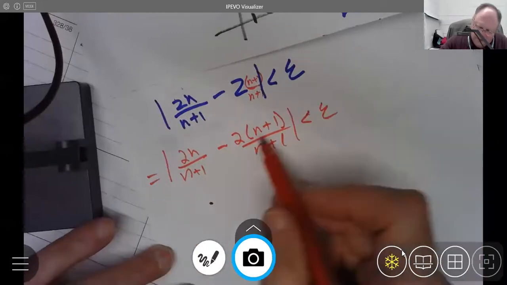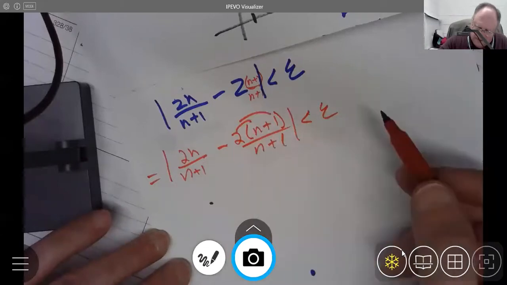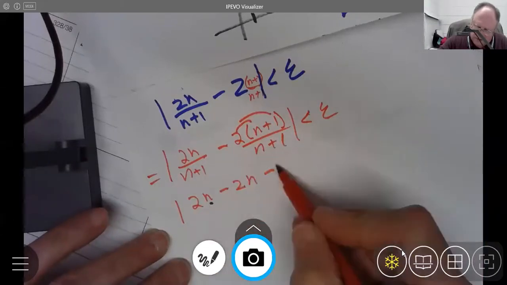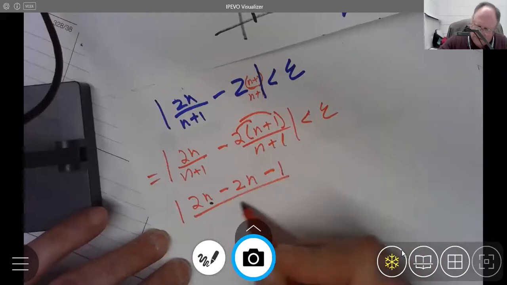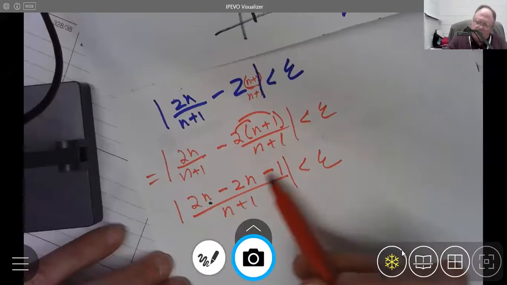You distribute that 2, and you get 2n minus 2n minus 2 over n plus 1 is less than epsilon. Then from there, you solve for n.